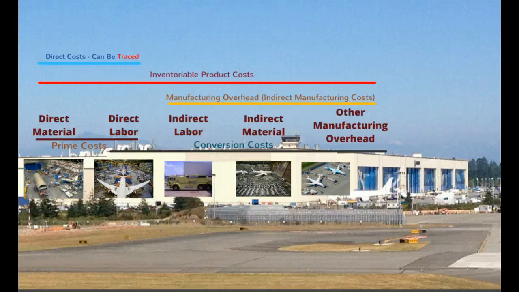And again, we've been talking about manufacturing costs, inventoriable product costs. So these are the terms we use when we're talking about costs of a physical product that's manufactured, of a manufactured product. I hope that this video has been useful in understanding these terms.